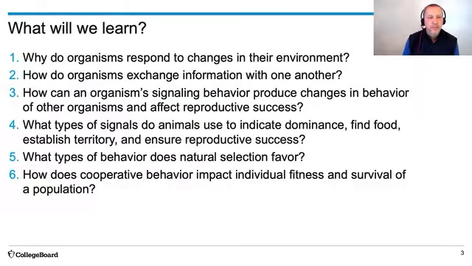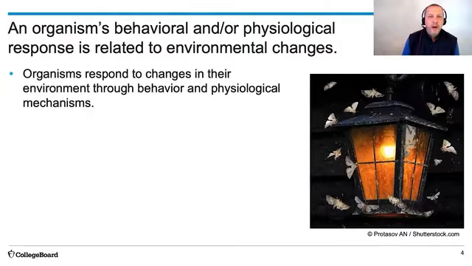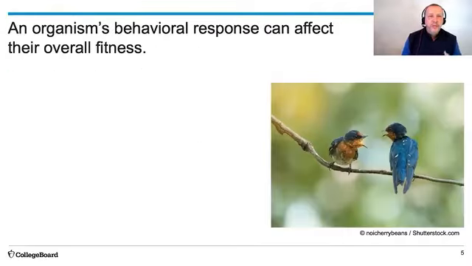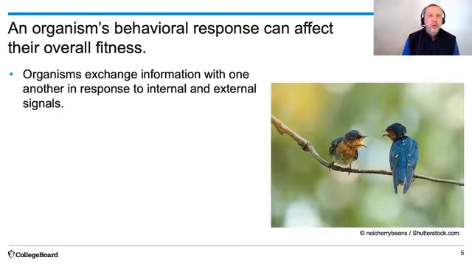So let's dive in. Organisms respond to changes in their environment through behavior and physiological mechanisms. A stimulus is an external or internal signal or combination of signals that causes a response from an organism. An organism's behavioral response can affect their overall fitness.